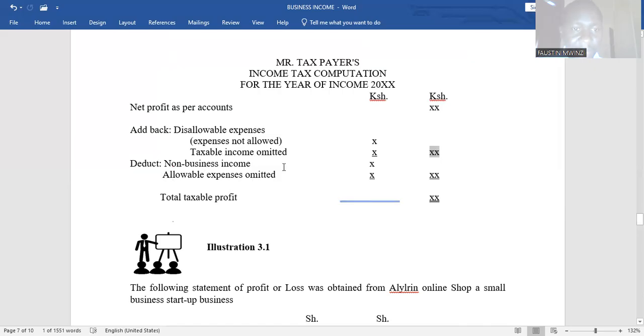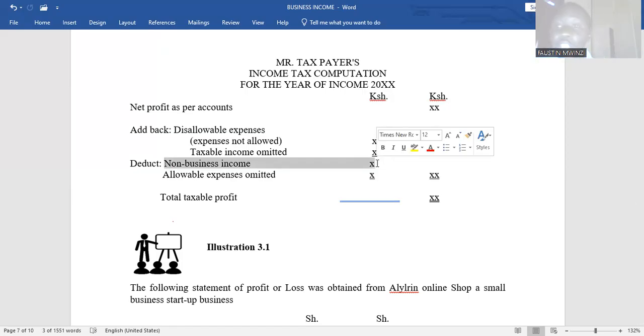Then you deduct non-business income, or we call it non-taxable income. There are some incomes that are not supposed to be taxed. And which incomes are these? One is income that is exempted from tax. If you have some incomes that are exempted from tax, then you need to deduct them so that you don't tax them.